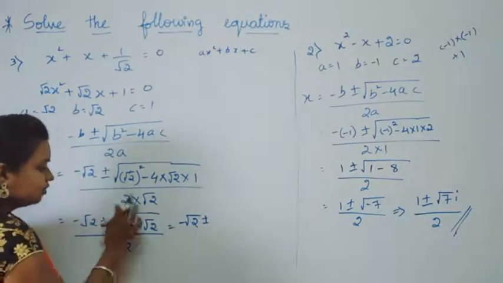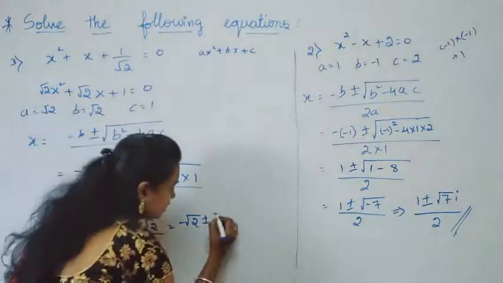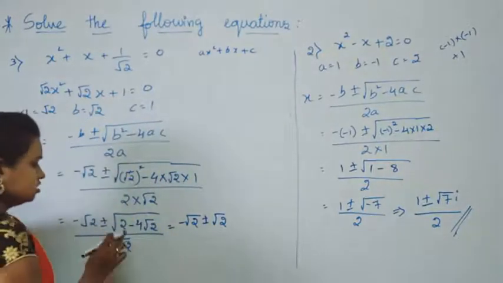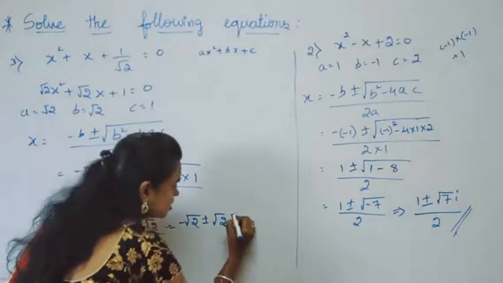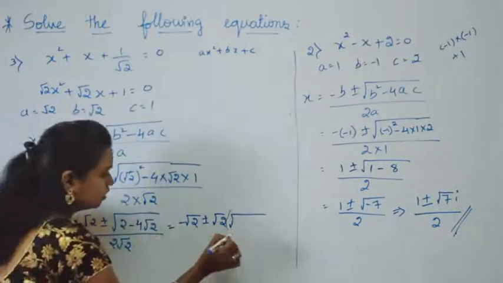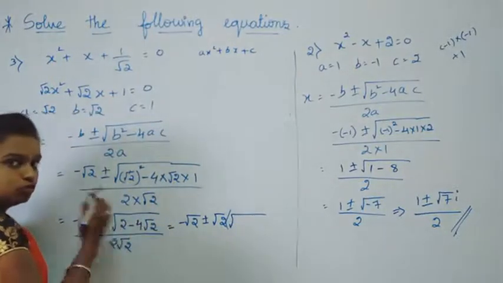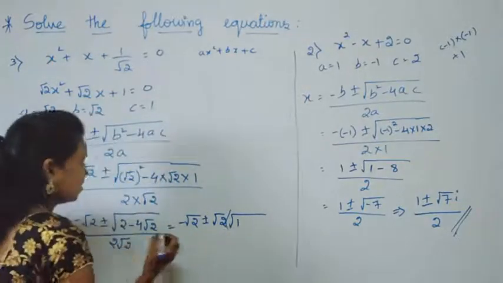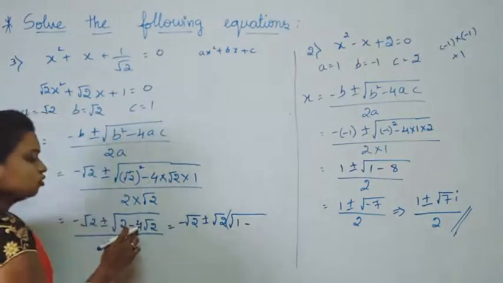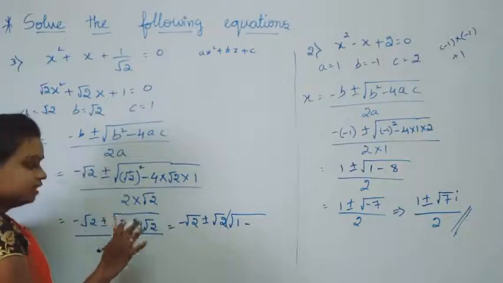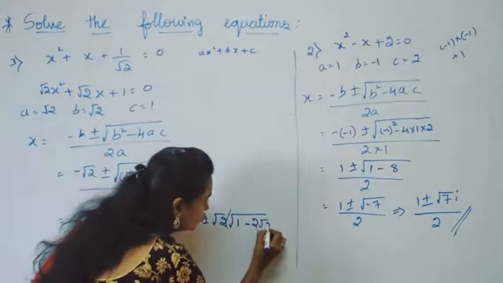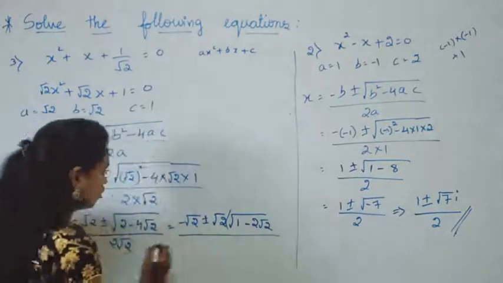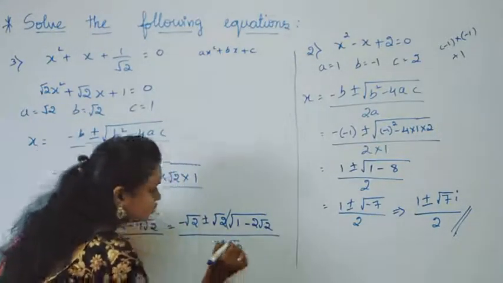In this term, take root 2 outside, so it becomes square root of root 2 outside, 1 minus 4 root 2. In that, if you take root 2 outside, it becomes 2 root 2, whole divided by 2 root 2.